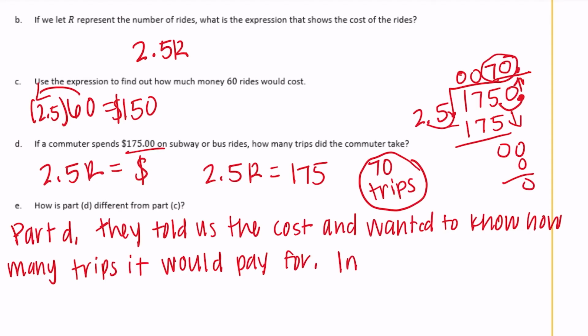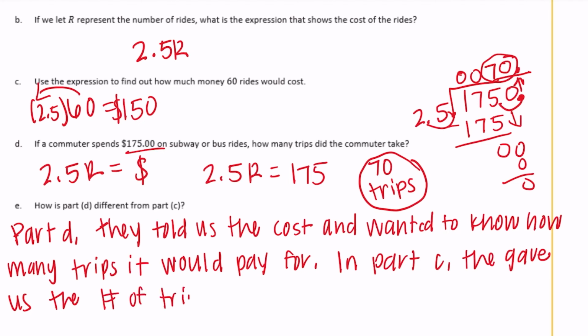Whereas in part C, they gave us the number of trips and wanted to know how much it would cost.